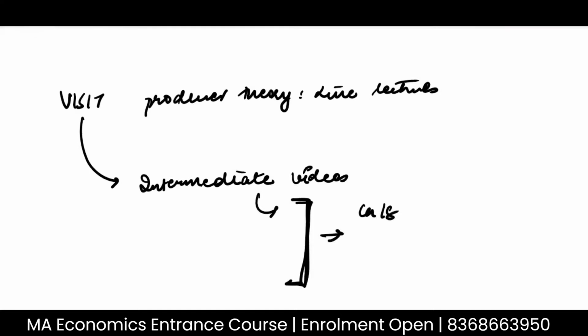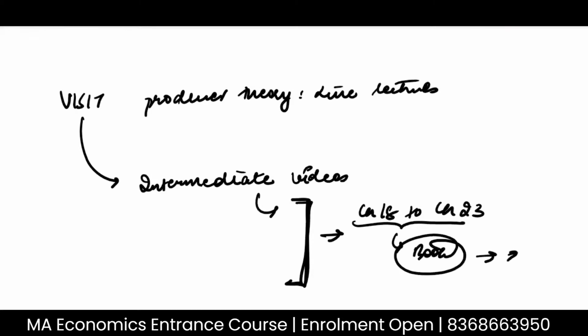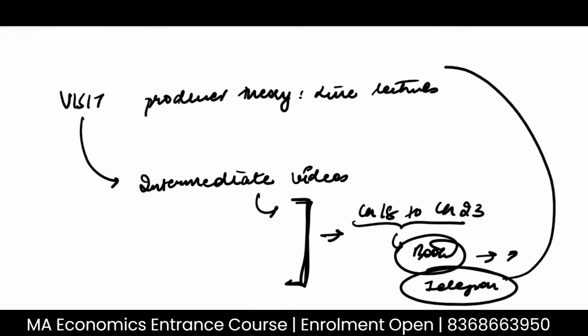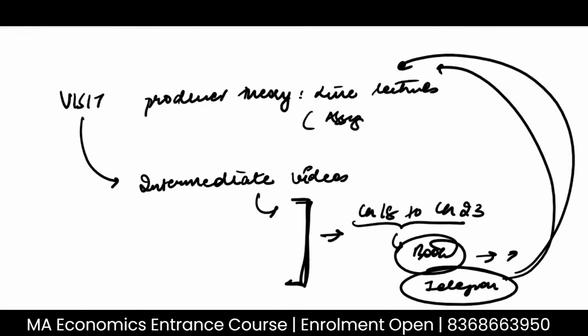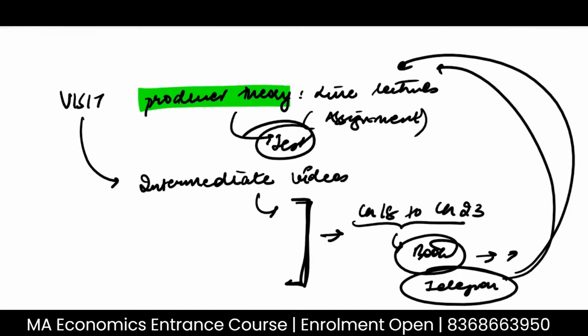I think they're chapter 18 to chapter 22 or 23. For each of them, you go back to the book, see the back questions, write down the doubts in the Telegram group, get them resolved, and simultaneously listen to the live lectures, solve the assignments of the live lectures, give all the tests that happen on the weekend to finish your producer theory, and so on and so forth.